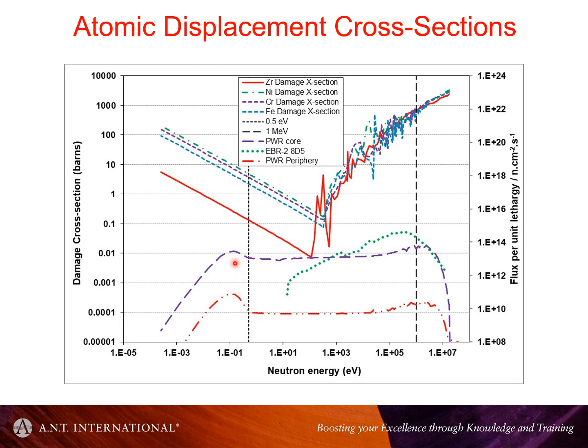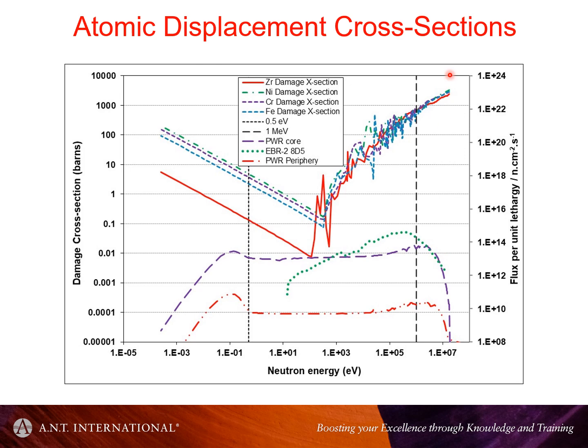But what I want to point out is that at the periphery we have a much higher thermal neutron proportion. In comparison, a fast reactor has basically zero thermal neutrons. So any of these absorption reactions with thermal neutrons in a fast reactor we don't consider, and therefore the nickel-59 issue is not as important.